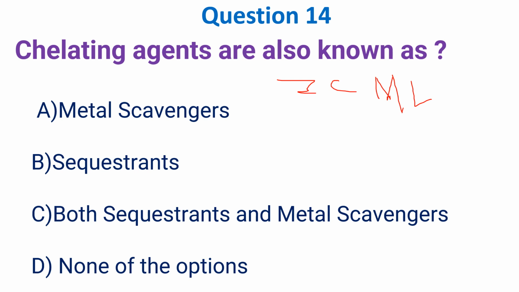The molecules that form complexes with transition metals are also referred to as metal scavengers. The question's answer is C. Both sequester and metal scavenger are chelating agents.